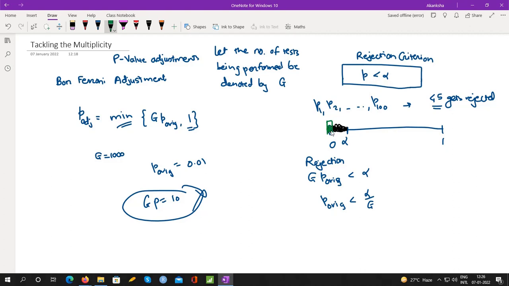The original rejection region was 0 to alpha, but now the new rejection region is simply 0 to alpha by G. So it is very small because G is large, so alpha by G is very small compared to alpha. Is it okay? So we are reducing the rejection region by scaling up the p-values. Is the logic clear?